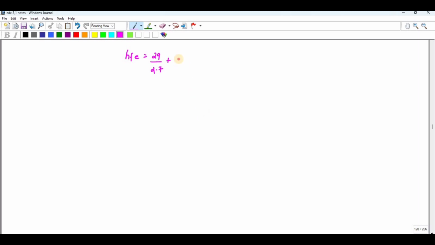HFE is equal to 29 divided by 2.7 plus 23 plus 4 into 2.7. Okay, so this is approximately you will get 44 something. Okay, this is the approximate value you will get.